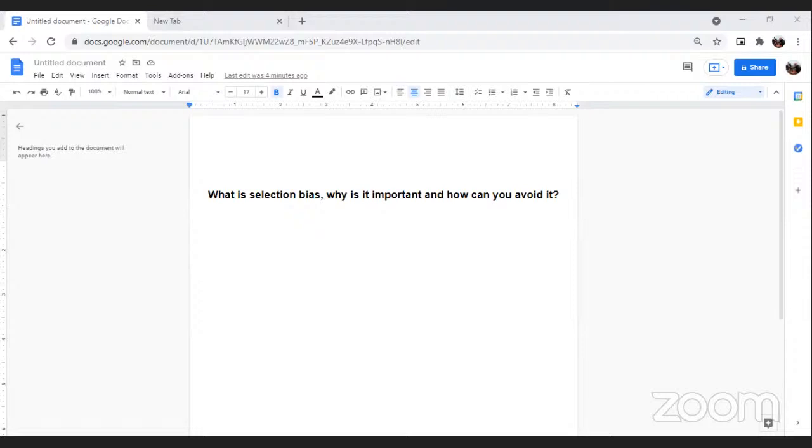Generally, we avoid non-random population sampling in order to avoid this selection bias.